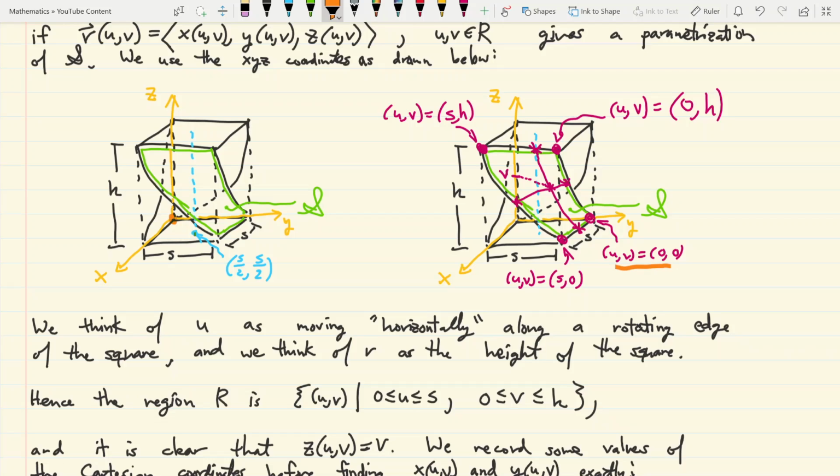And then as I increase U, I move this way to S, 0. If I'm at the top height, I'll move from U equals 0 to U equals S along the top. And as I move vertically with height, I'm increasing V. So in other words, V is just the height, but I suppose the coordinates of U are a little less clear in the XYZ coordinates, that is.